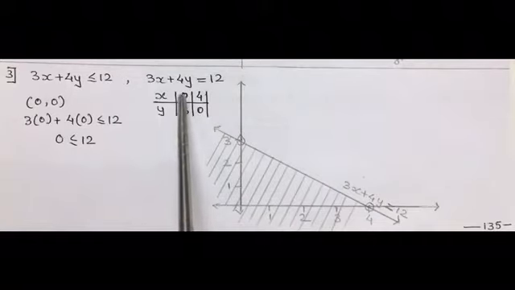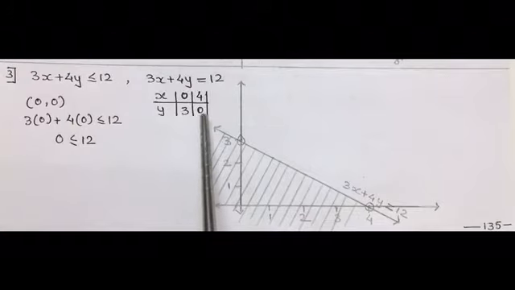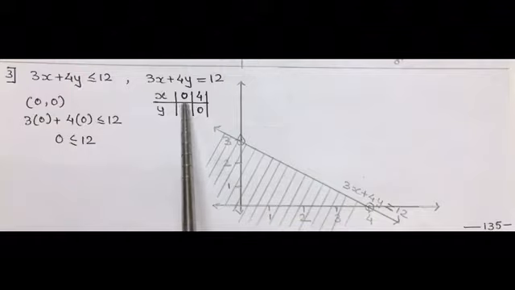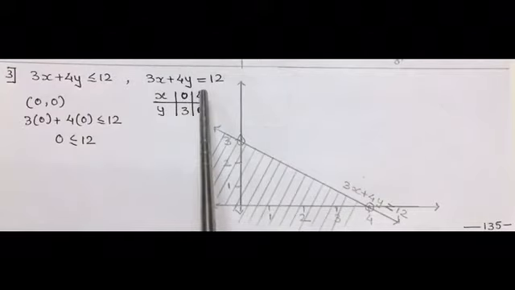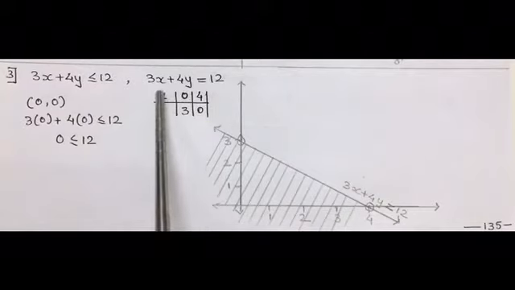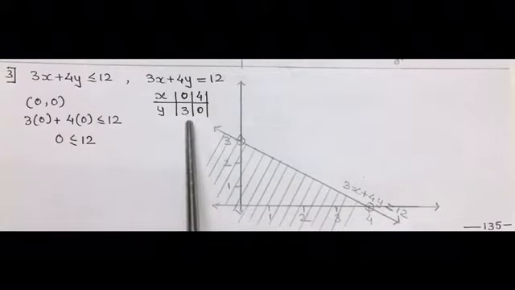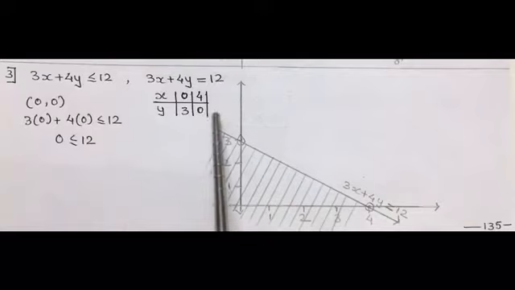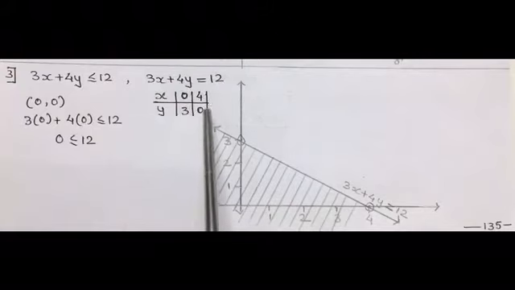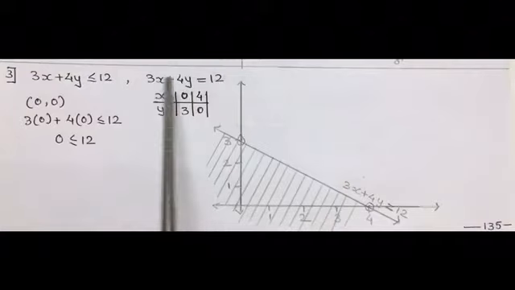One time taking x as 0, another time taking y as 0, we will get the value of y as 3 if x is 0. Putting 0 in the equation and calculating, you will get y as 3. In the same equation, putting the value of y as 0, x will be 4.